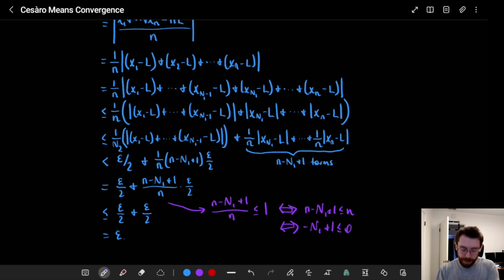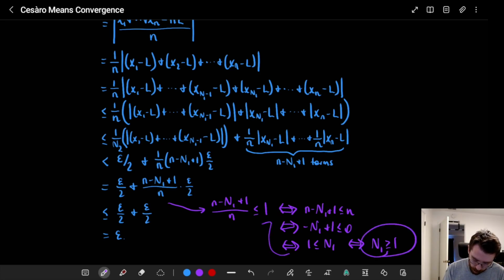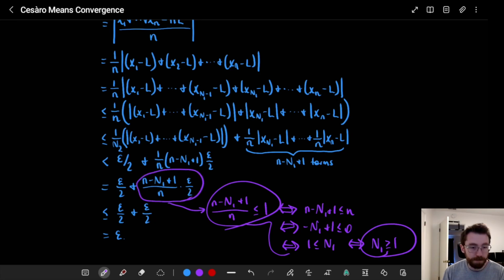Maybe I take the negative N1 and add it over to the right, and that becomes 1 is less than or equal to N1, or written more intuitively, big N1 is at least 1. That's a true fact, right? Big N1 is a natural number. It's either 1 or bigger. So this true claim is equivalent through that chain of reasoning to this claim. Therefore, I can replace that constant times epsilon over 2 with just epsilon over 2, as long as I include the less than or equal to symbol.